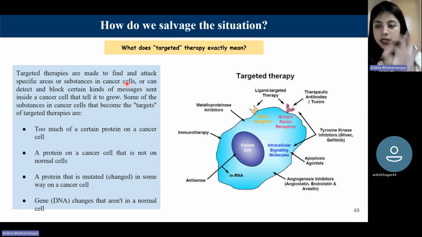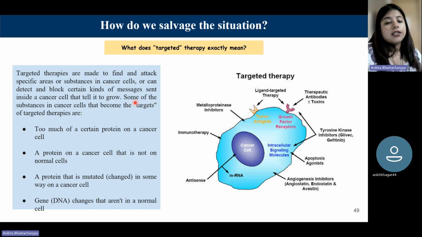Basically, it will disrupt some sort of growth stimulating pathway, or it will block that access. So any ligand which actually triggers growth of cancer cells, that signaling circuitry will be disrupted, or it can be in such a way that it is able to attack certain areas of cancer cells and cuts off the communication between the two.